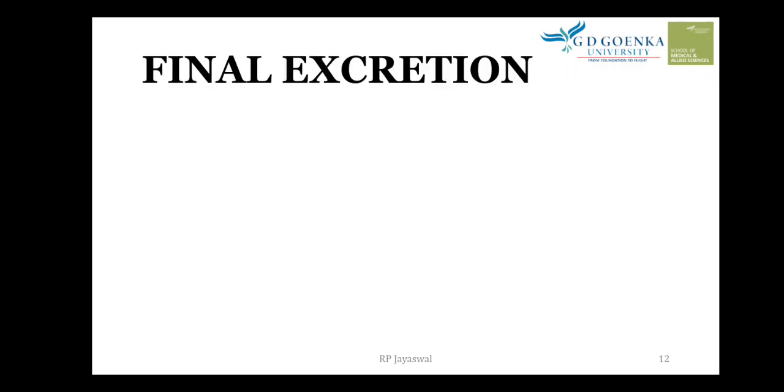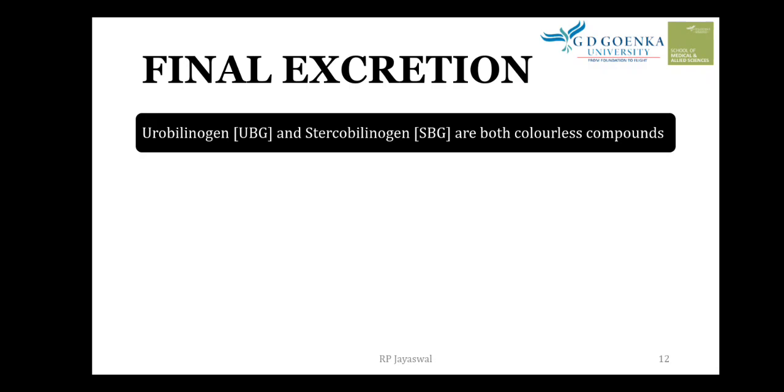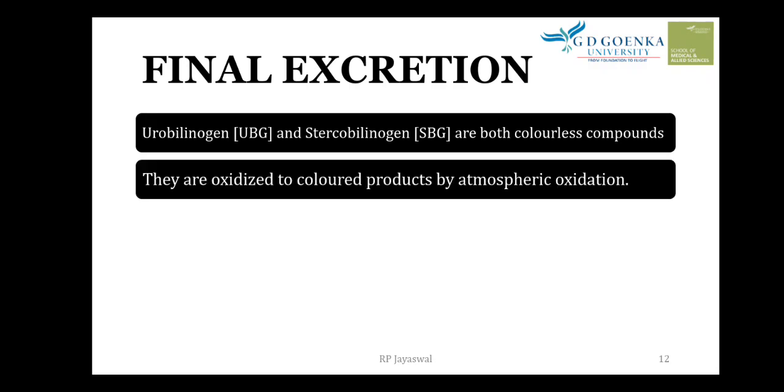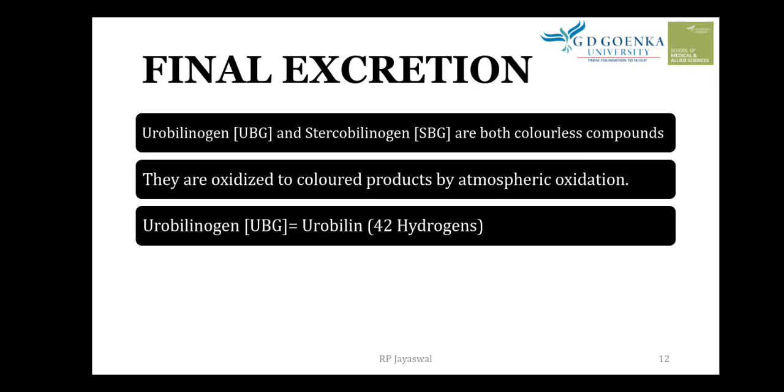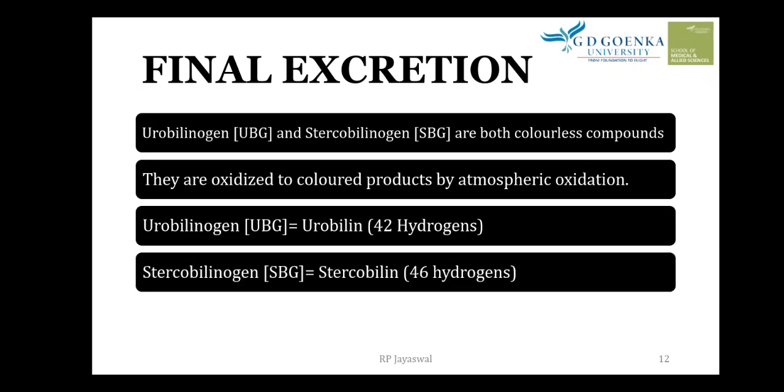The final excretion: urobilinogen and stercobilinogen are both colorless compounds, and they are oxidized to colored products by atmospheric oxidation. When these two molecules are oxidized, they become colored compounds. Urobilinogen becomes urobilin, which has 42 hydrogens, and stercobilinogen becomes stercobilin, which has 46 hydrogens.